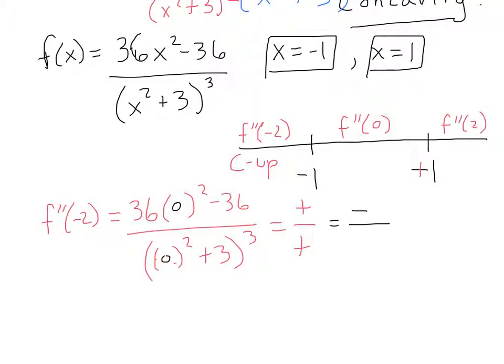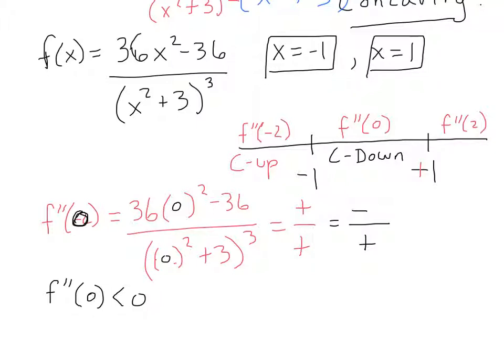And on bottom, I get a positive. And so it's going to be less than 0. F double prime of 0 will be less than 0. I should have written here 0 here too. So f double prime of 0 is less than 0. Therefore, it's concave down in this interval.